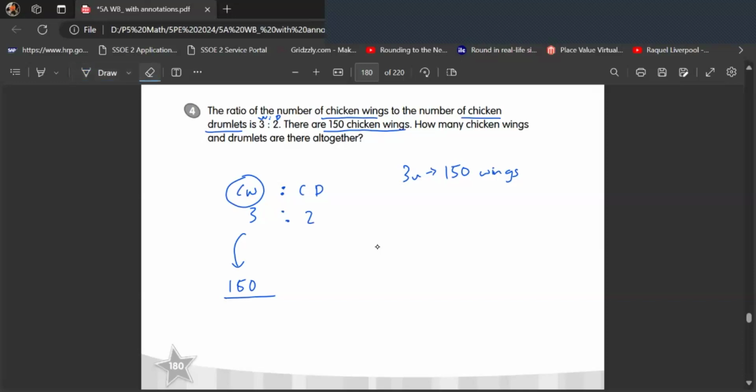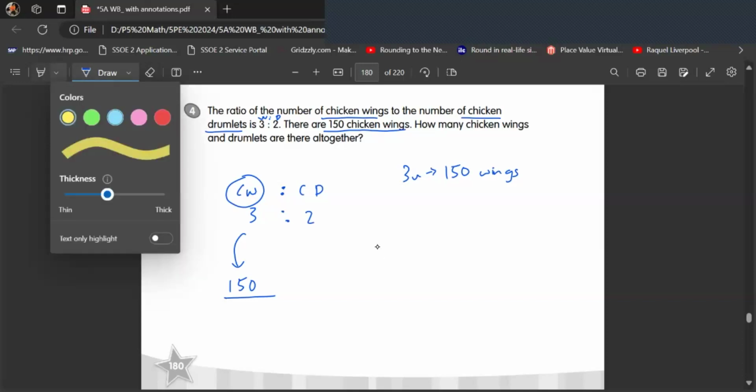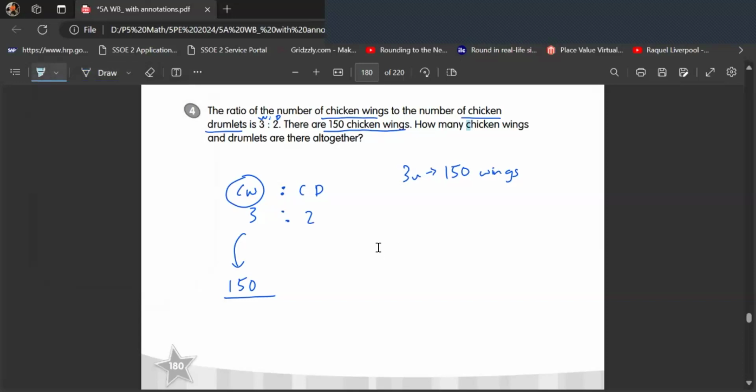Now the question here is, you need to read carefully. How many chicken wings and drumlets all together? So the question is asking for all together. You have chicken wing, chicken drumlet, sum and difference. So now this question is upgraded. It gives you chicken wing.